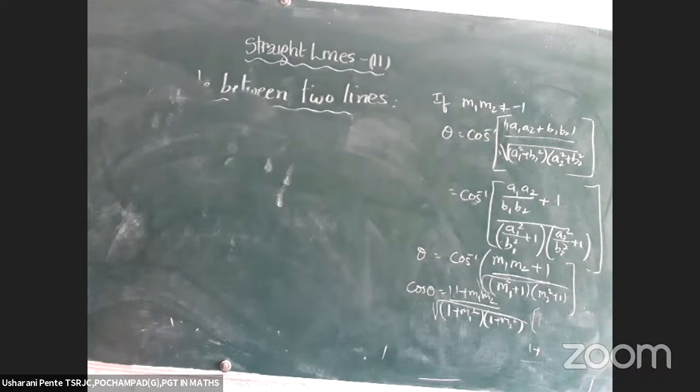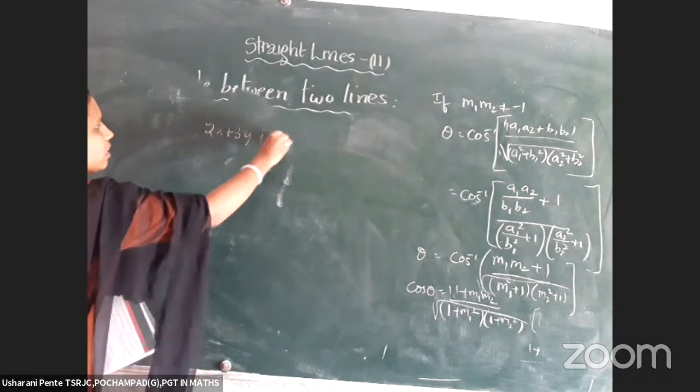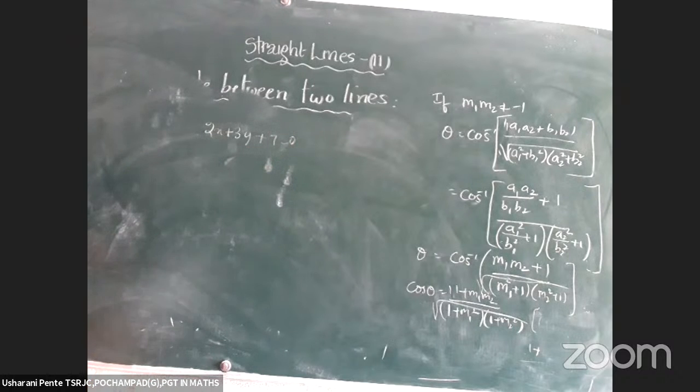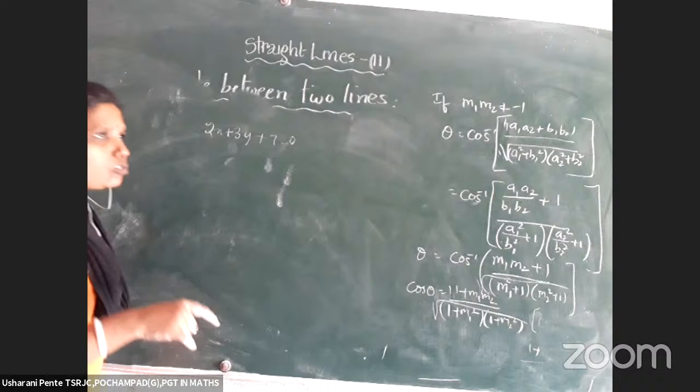They have given a line, 2x plus 3y plus 7 is equal to 0, and a point through which the required line passes. We need to find the equation of the line parallel to the given line.